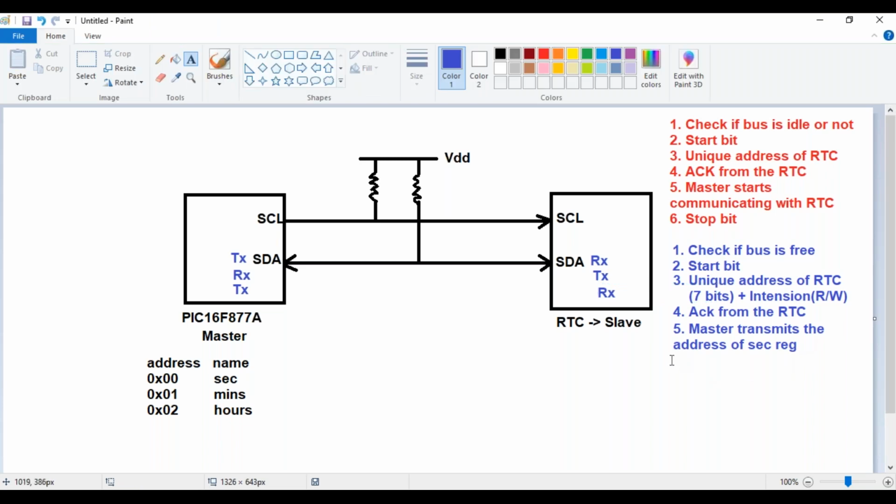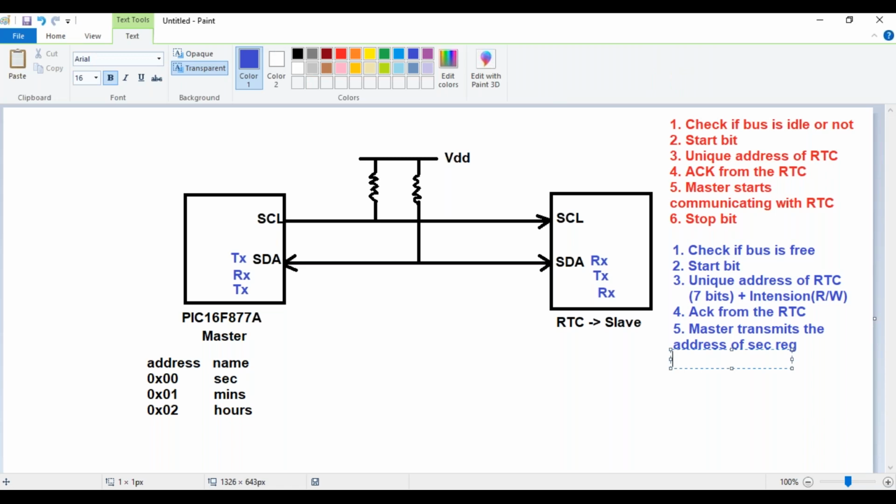Now after you are done transmitting the second register, it is expected that you may get an acknowledgement from the slave. Acknowledgement, I would say, is possible, not exact.